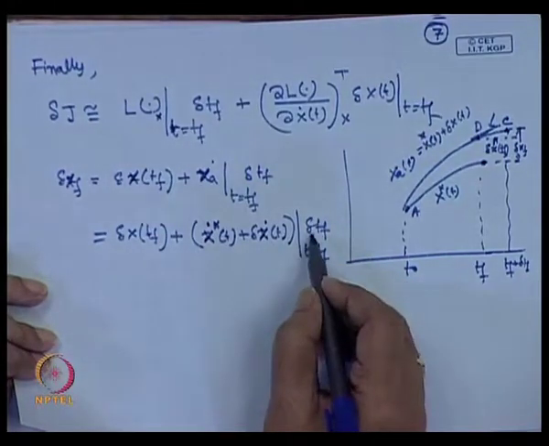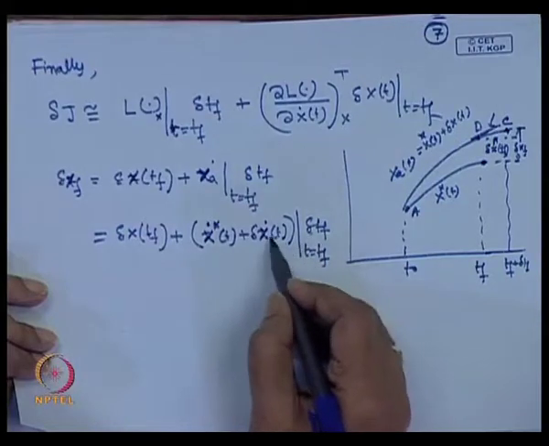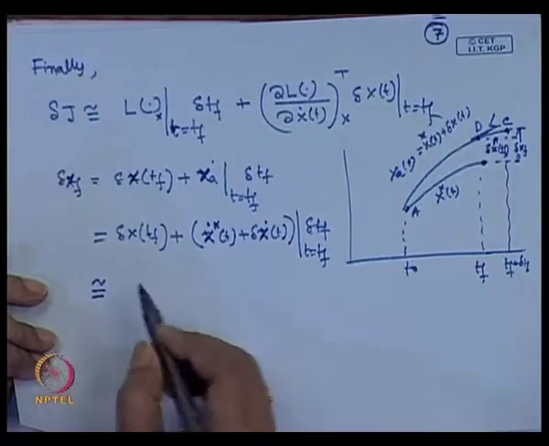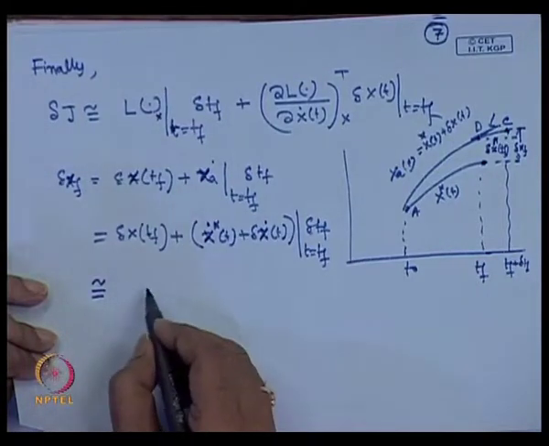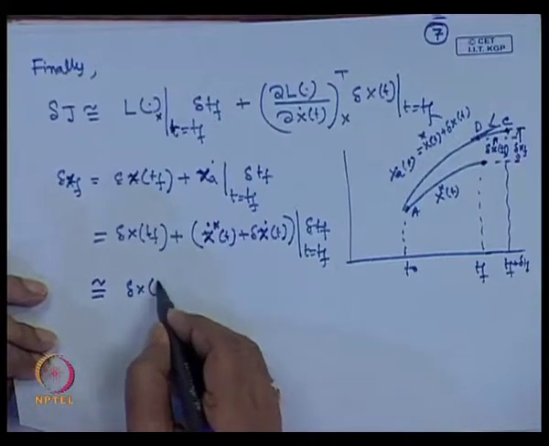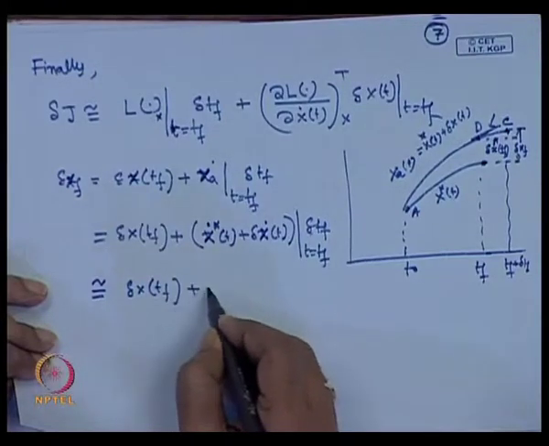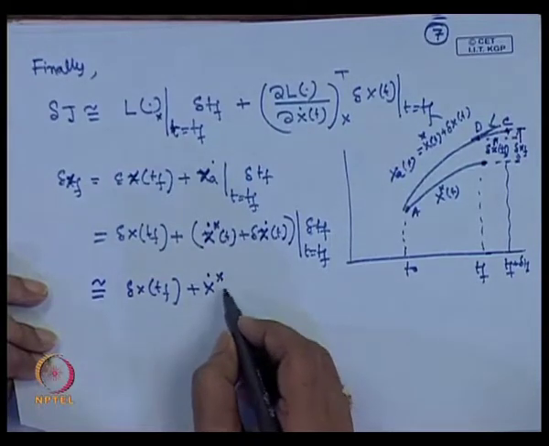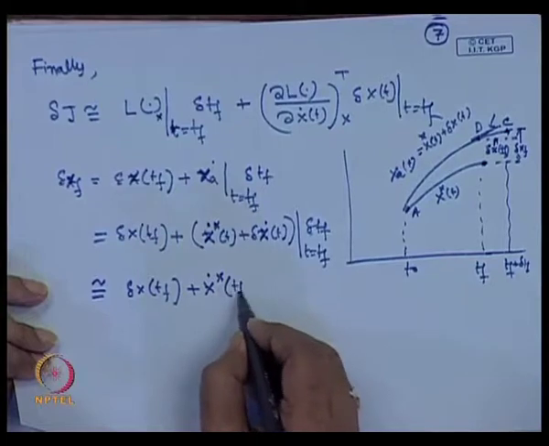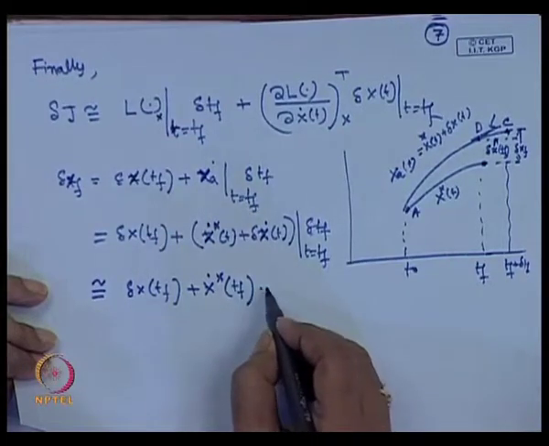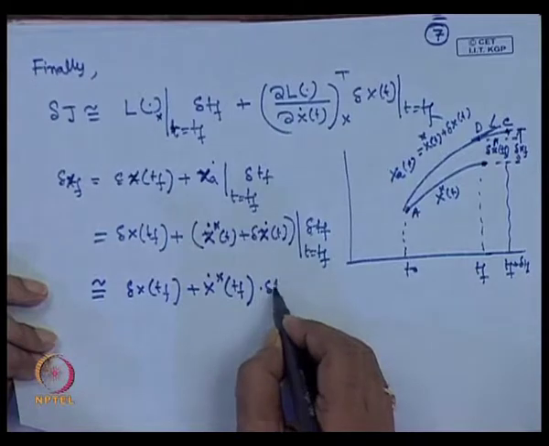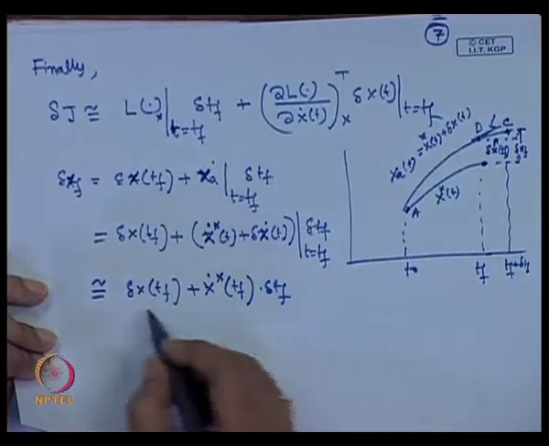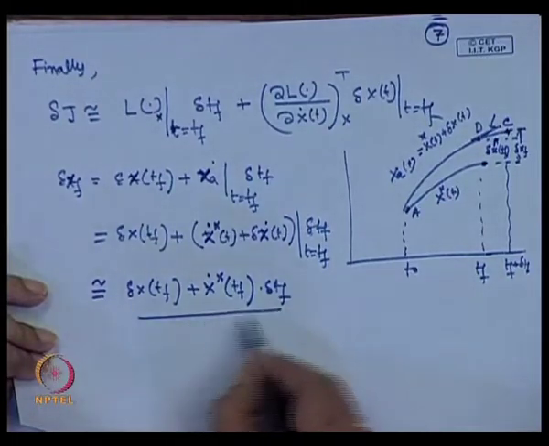Now, this is a very small quantity and this is also small, so the product can be neglected. So, delta x T f is nearly equal to x dot star T f into delta T f. The product is the third term, and we neglect it.